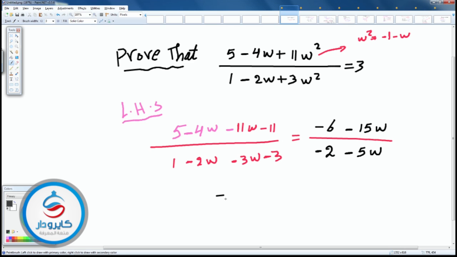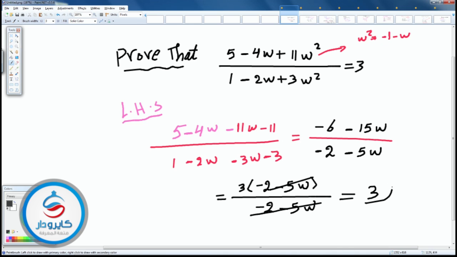By taking highest common factor 3, it will be negative 2 minus 5 omega over negative 2 minus 5 omega, cancelling, then the final answer will be 3. This is the right hand side.